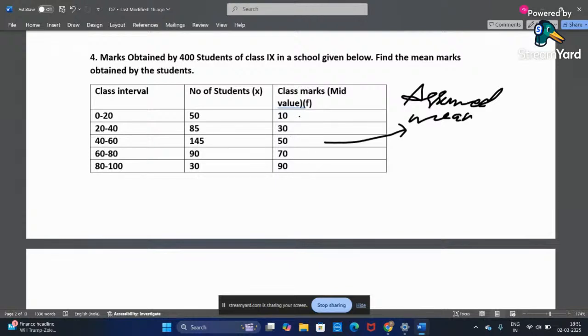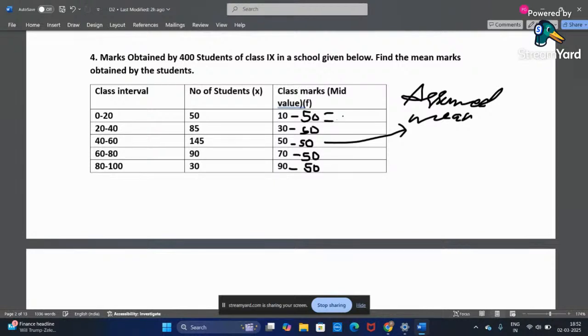We have to subtract it from each number, like 10 minus 50, 30 minus 50, 50 minus 50, 70 minus 50, 90 minus 50.